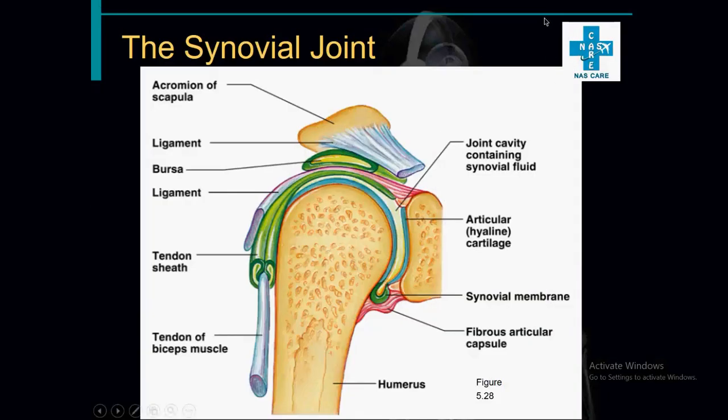We saw the synovial joint here: acromion of scapula, ligament, bursa, tendon sheath, tendon of biceps muscle, humerus, fibrous articular capsule, synovial membrane, articular hyaline cartilage, and joint cavity containing synovial fluid.